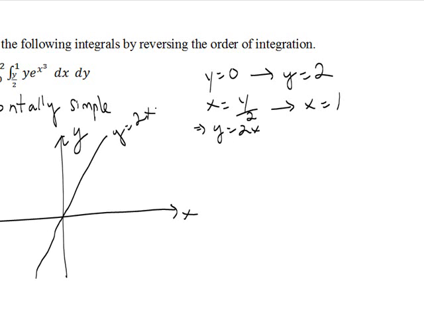And then x equals 1. So let's say this is x equals 1. And then the other limit, y equals 0. So y equals 0 is the x-axis, to y equals 2. And I'm assuming that here is 2. So this is your region R.